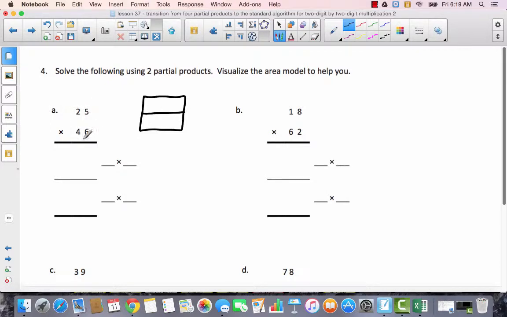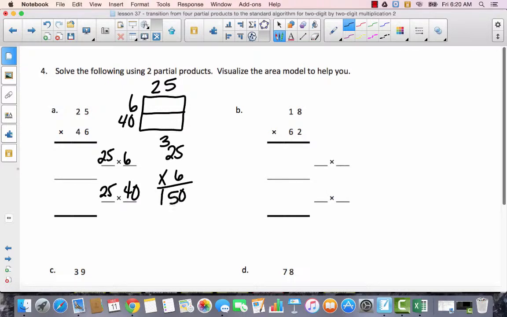But if we have 25 times 46, that's 25 times 6 and 25 times 40. Okay, so 25 times 6: 5 times 6 is 30, 2 times 6 is 12, plus 3 is 15, so this is 150.